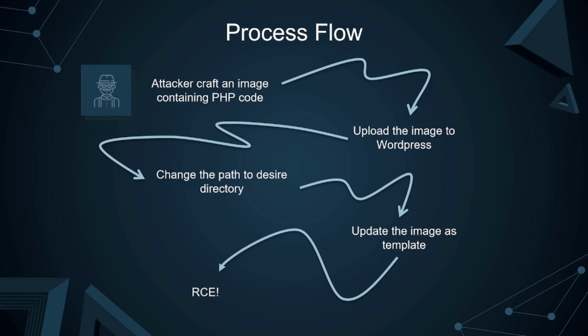Why update the image as a template? We need to understand how the WordPress structure works. It works as blocks. Whenever we put something inside WordPress, it treats it as a block.